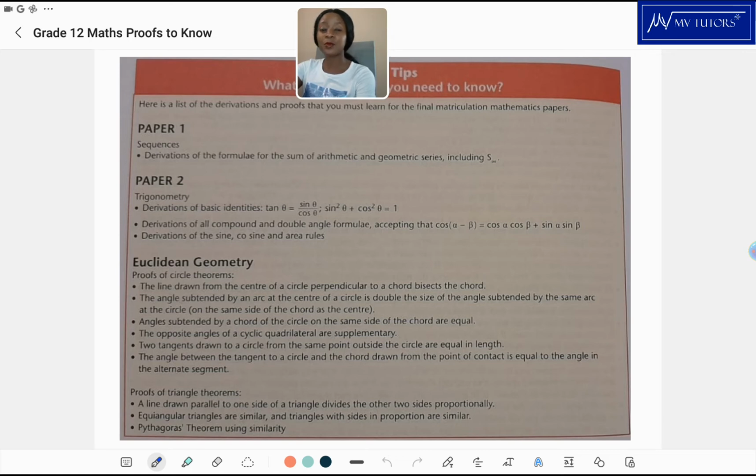Proportionality theorem: a line drawn parallel to one side of a triangle divides the other two sides proportionally. Equiangular triangles are similar, and triangles with sides in proportion are similar, as well as Pythagoras' theorem using similarity. So we're going to be going through the proofs, so brace yourself.